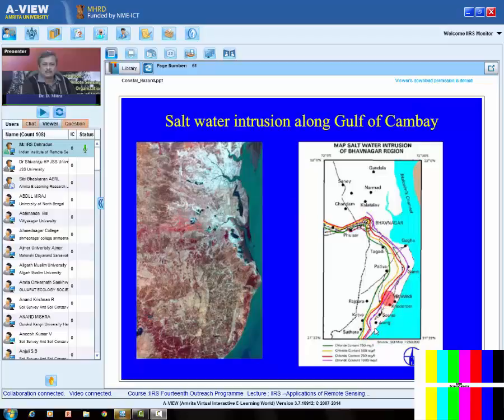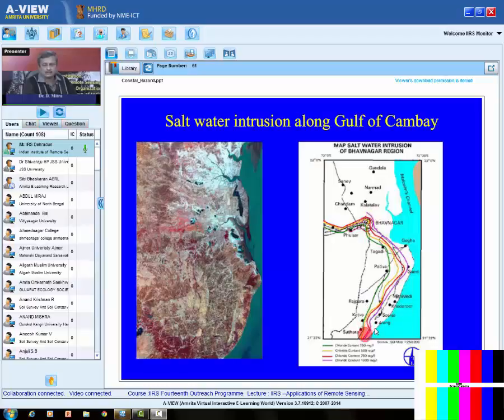So here you can see different contours showing the different chlorinity content, because we collected water samples from various sources like tube wells, the talabs and other places, and they were analyzed in a local university for chlorinity content. You can see all those villages like Goga, Kalakala, Alang. They are all covered under the violet line, 1000 mg per liter of chlorinity content in drinking water.